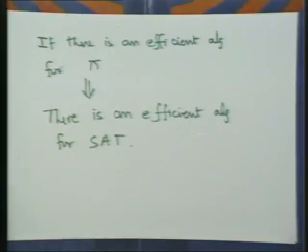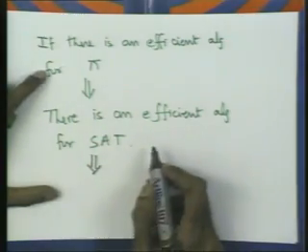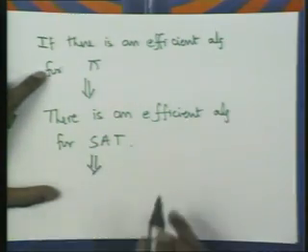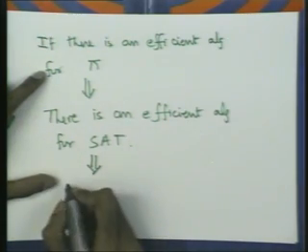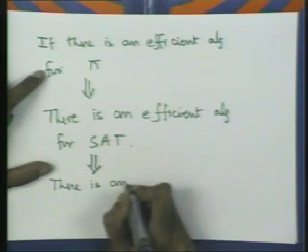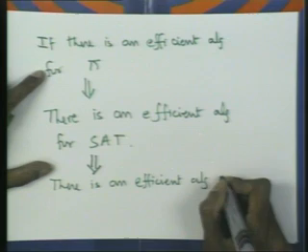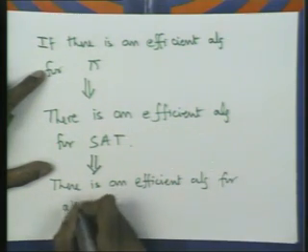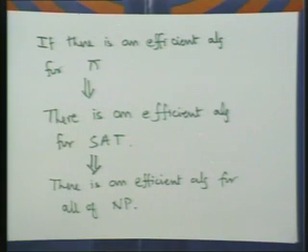Now here's the other implication that I would like to use. Cook's theorem says that if there is an efficient algorithm for SAT, there is an efficient algorithm for every problem in NP, which means all problems in NP.